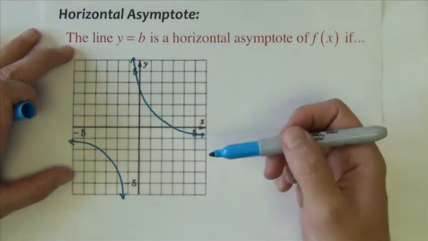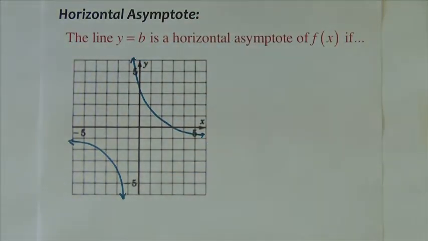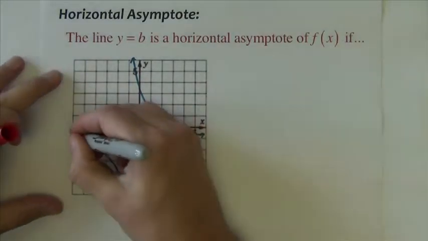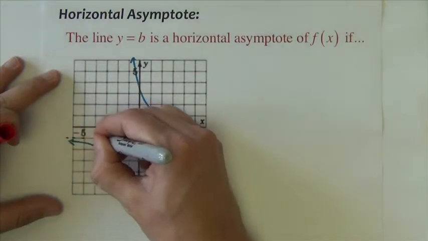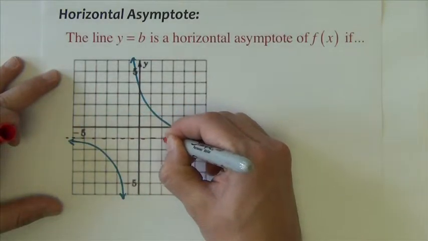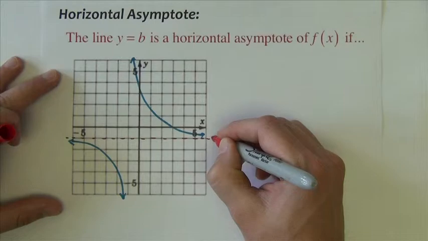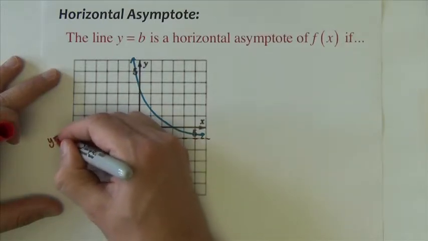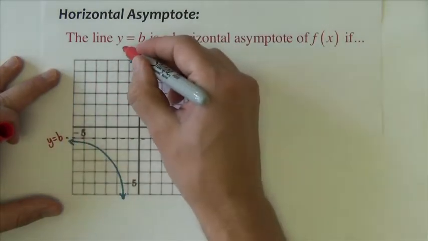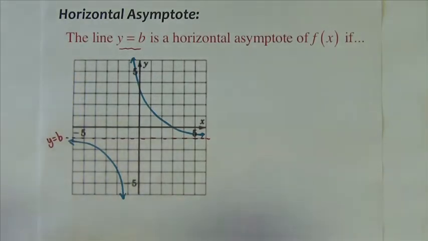So maybe you've got something like this. And there are asymptotes. This would be the graph of some sort of rational function. Let's just look at the horizontal one that cuts right through the middle of this. And we'll say that this is at the line y equals b. So we're matching that.